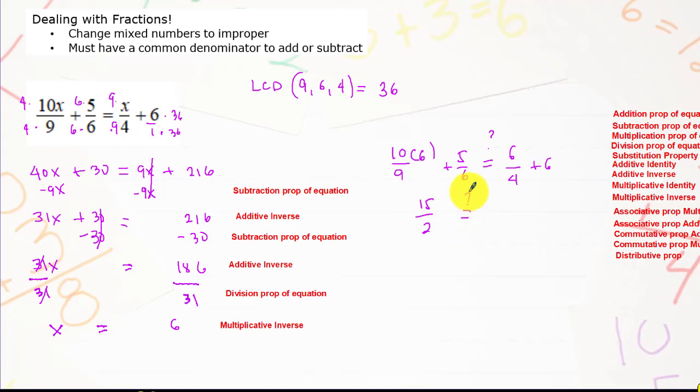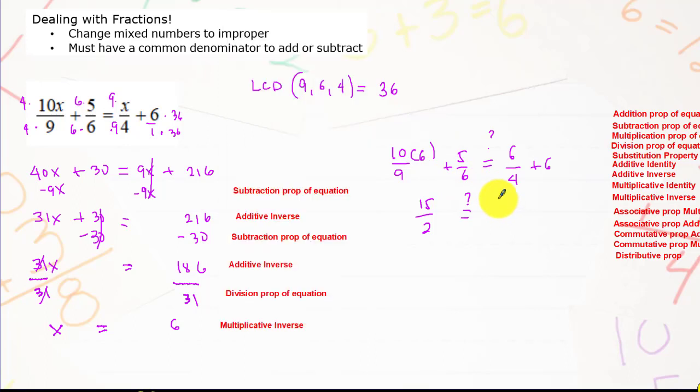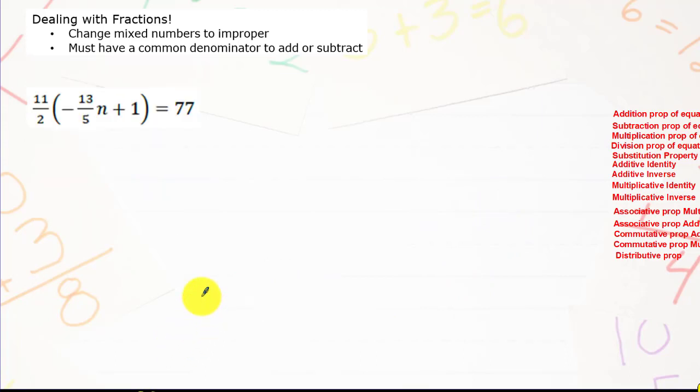Is this equal to the right side? So let's go ahead and add your 6 over 4 by 6 and it is also equal to 15 over 2. All right, it means that our answer, x equals 6, is correct.